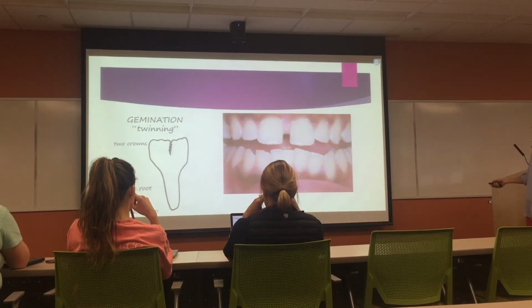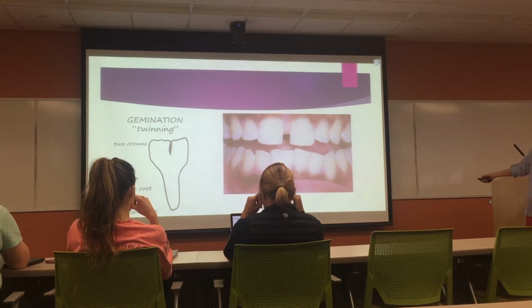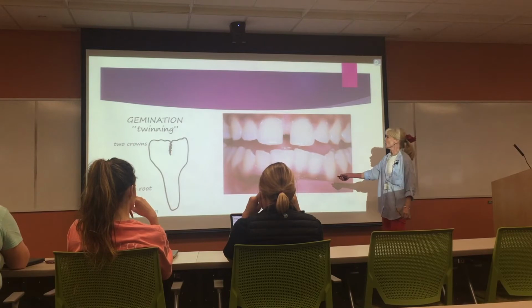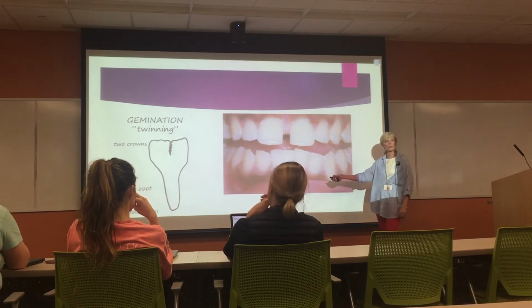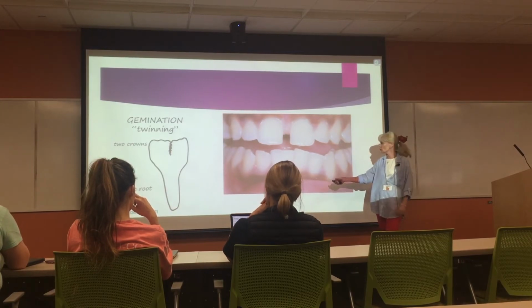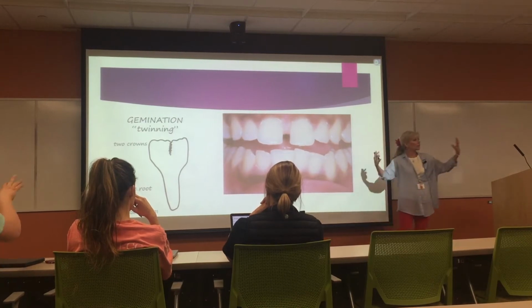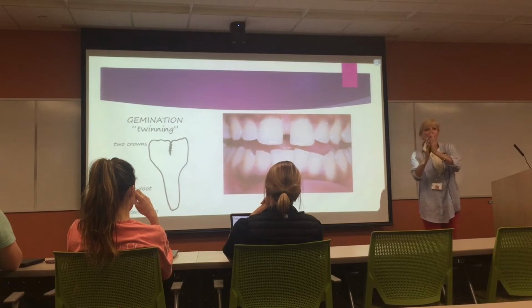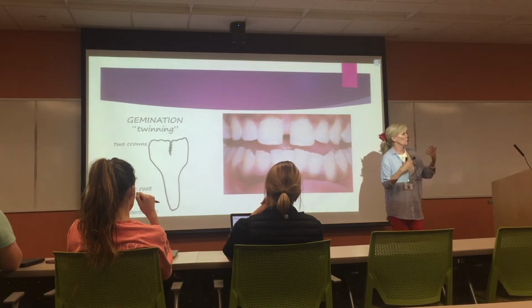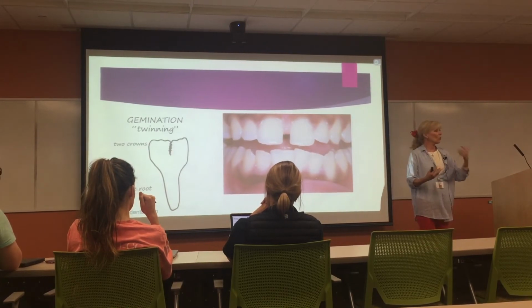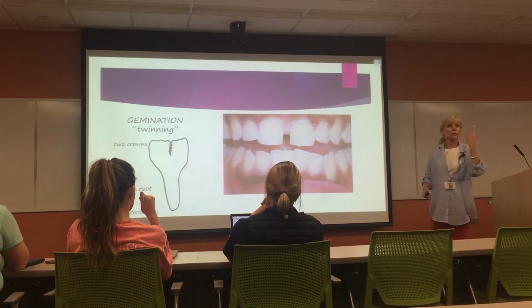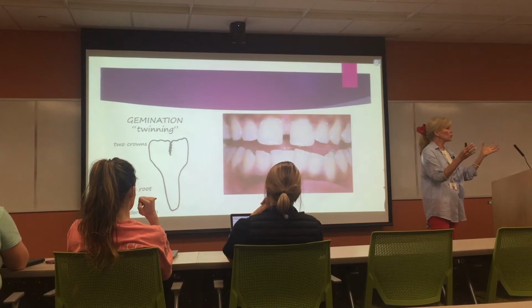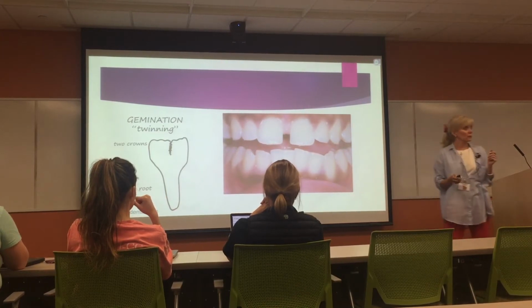So if you looked at this tooth, could you tell if this was gemination or fusion? No, because you need an x-ray and you have to see the root there, because it just bifurcates in gemination. So we actually have one tooth bud that starts dividing, kind of like conjoined twins. Remember conjoined twins?